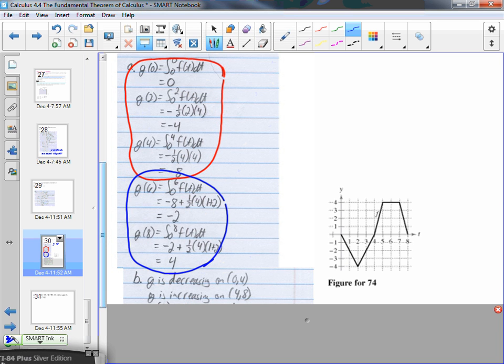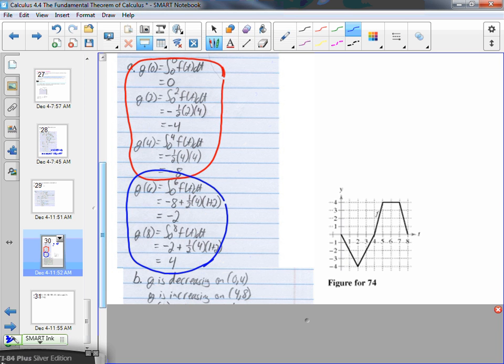But then also, let's tie all this back in. g is defined to be the integral of f. Doesn't that mean that f is the what of g? Well, let's just think of it as g and f. If g is the integral of f, f is the derivative of g, right?